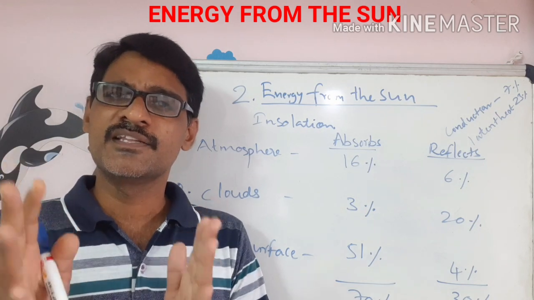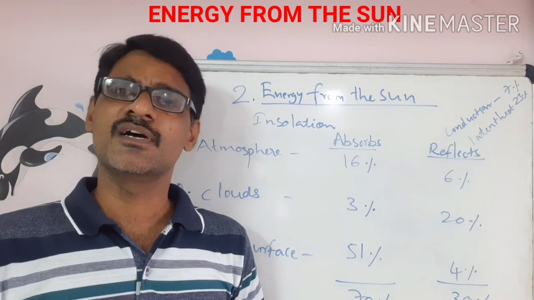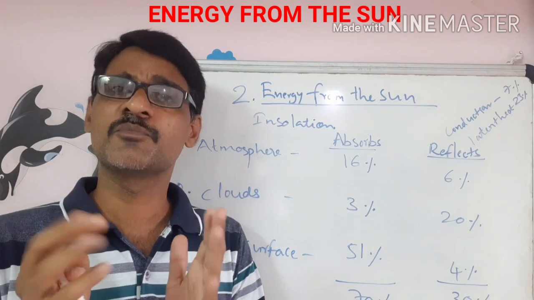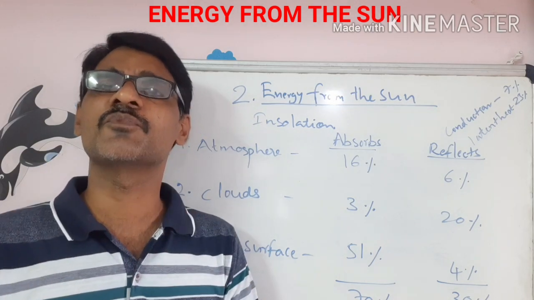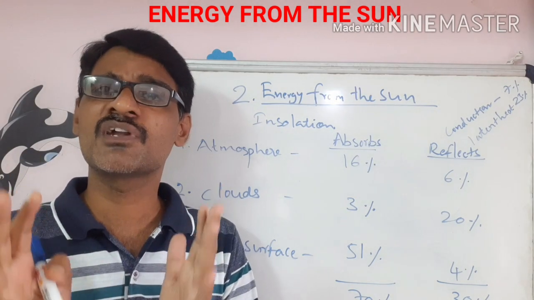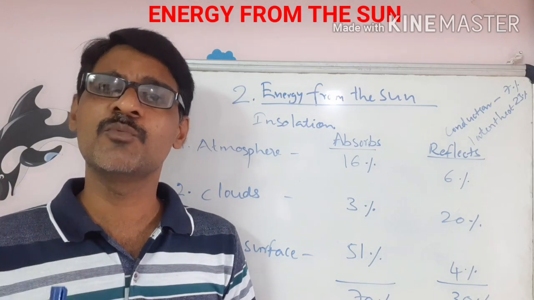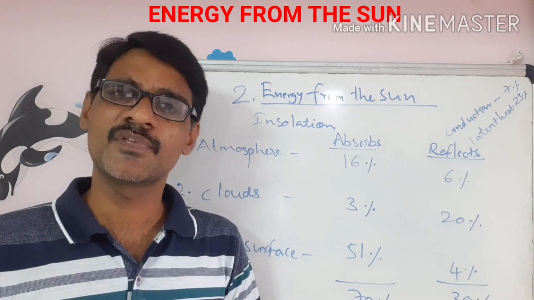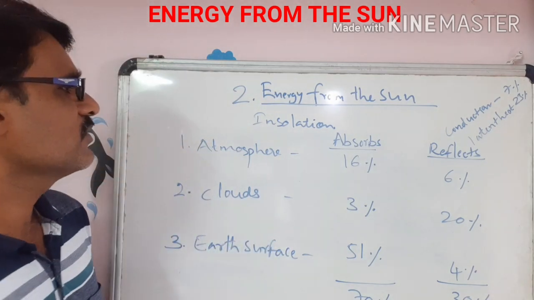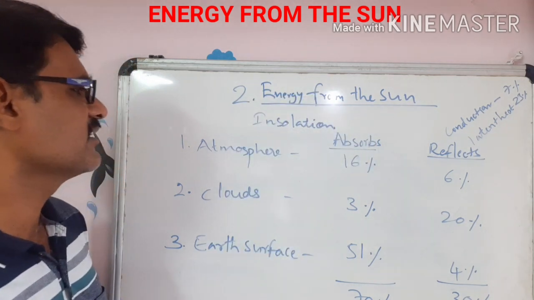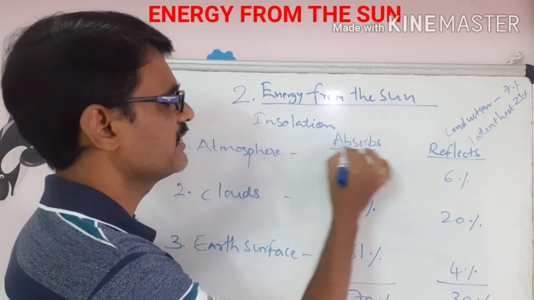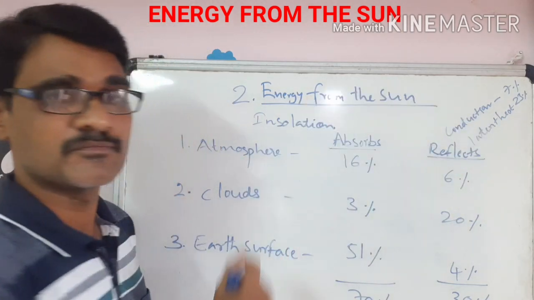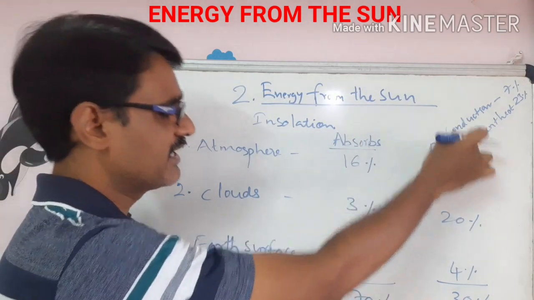The atmosphere, clouds, smoke and dust absorb some portion of the energy and reflect some portion. How much energy is received and how much is reflected, let us learn now. This is the incoming solar radiation, this is the absorbing percentage, and this is the reflecting percentage.